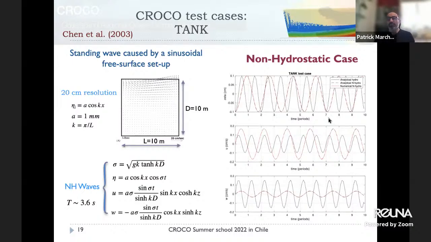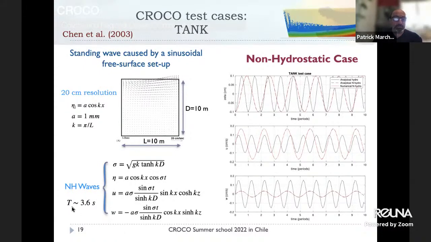You can try to change the acoustic wave phase speed, and you'll see that you can have changes in the value of the error in this case. So you can test the sensitivity. You can do that later with Andres, and that will be interesting.